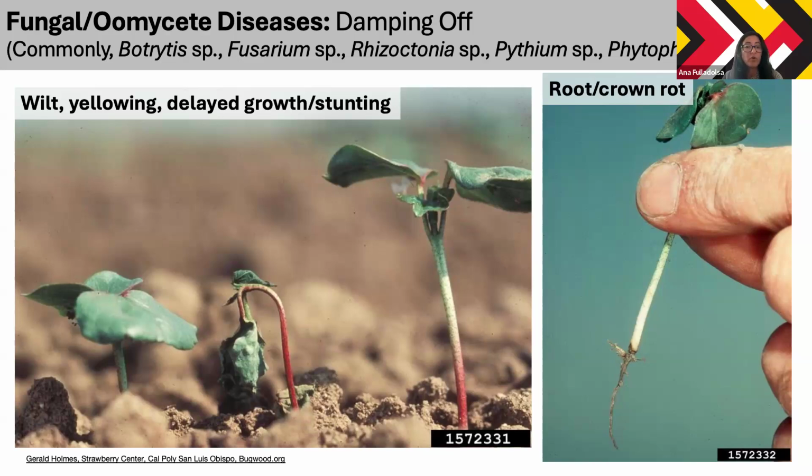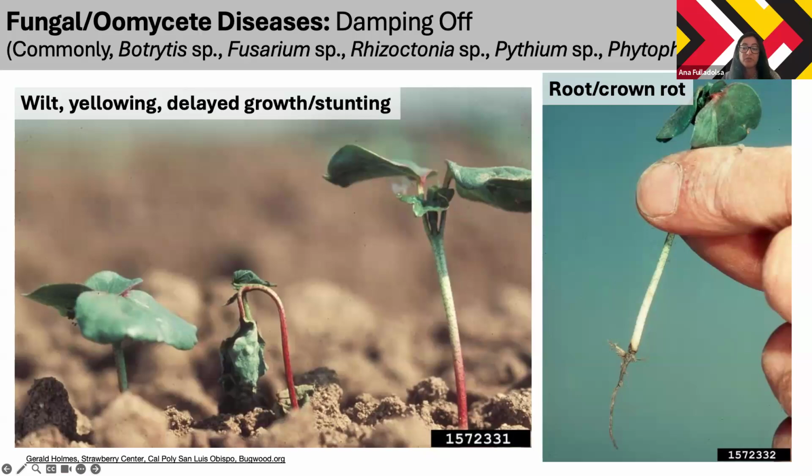And then we have two oomycetes that also contribute to damping off, which are Pythium and Phytophthora. So these pathogens are soil-borne, and they can be found in most soils just across the world.